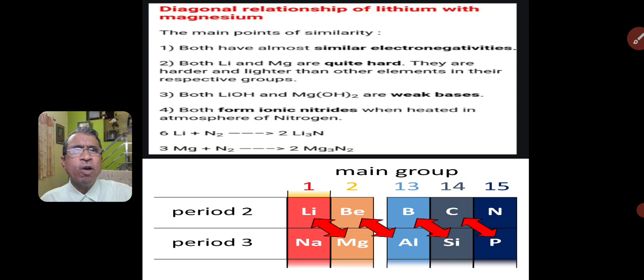The main points of similarities are that both have almost similar electronegativities, that is lithium and magnesium, and both lithium and magnesium are quite hard, and they are harder and lighter than the other elements in their respective groups. Both lithium hydroxide and magnesium hydroxide are weak bases. Both form ionic nitrides when heated in an atmosphere of nitrogen.